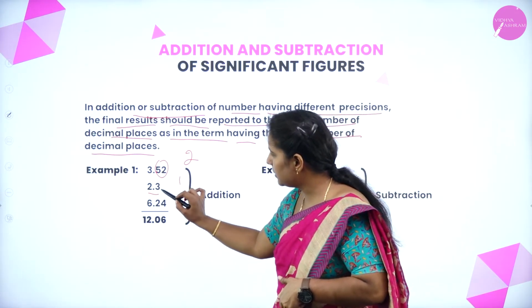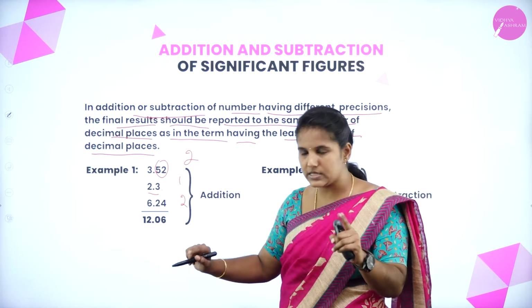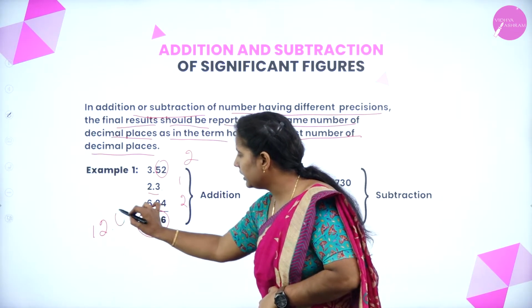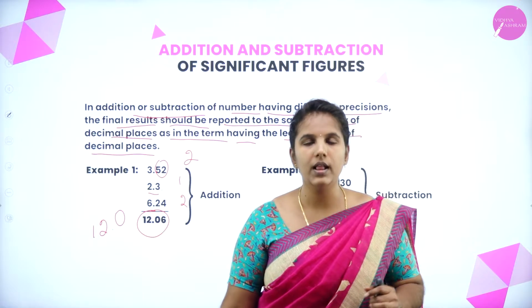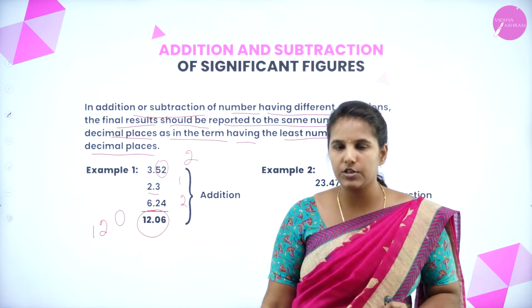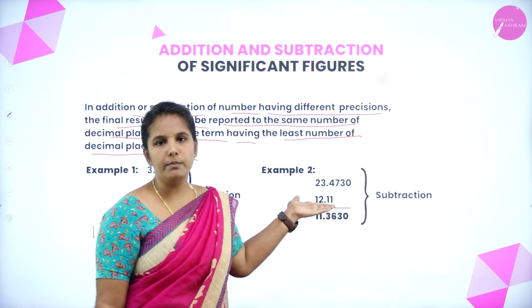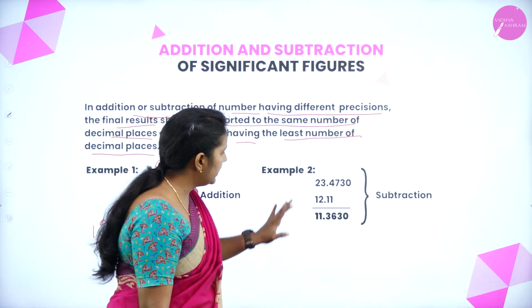Here the least is 2.3, which has only 1 decimal place. So we have to report the result as 12.0, not as 12.06. This is how, while doing addition as well as subtraction, we report the result to the least number of decimal places. Let's see the subtraction.